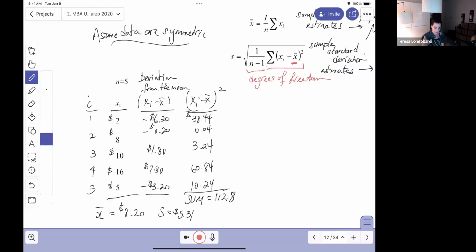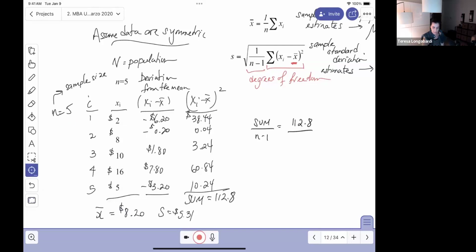We're going to divide, so the sum divided by n minus 1 is equal to 112.8 divided by, well, n was the sample size. So n is the sample size. Big N is the population size. We don't have the population. We have the sample.